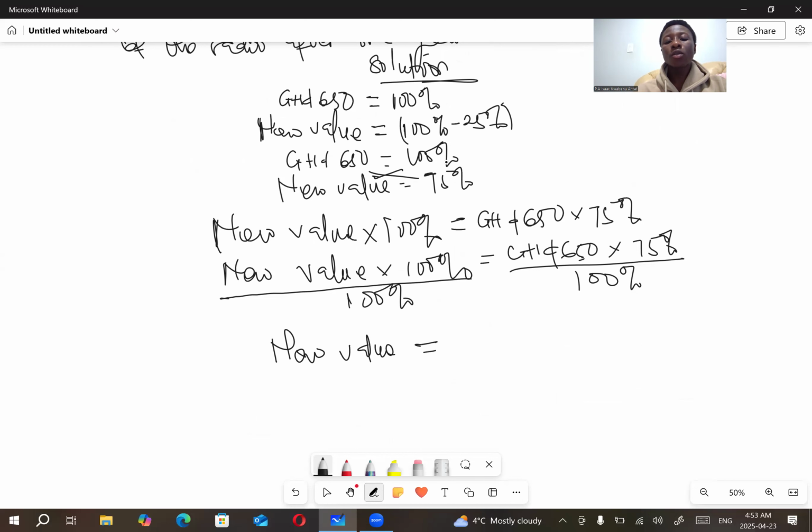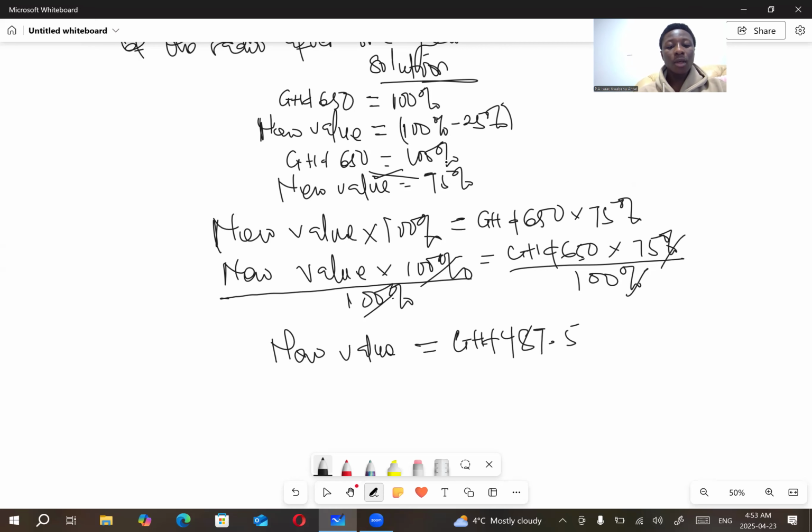I really don't like you to do this in your work; just ignore it since we know. Here percent cancels percent. I also don't like you doing this; I would like it if you ignore it. So it's going to be 650 times 75 all over 100. What is that? 487.5.